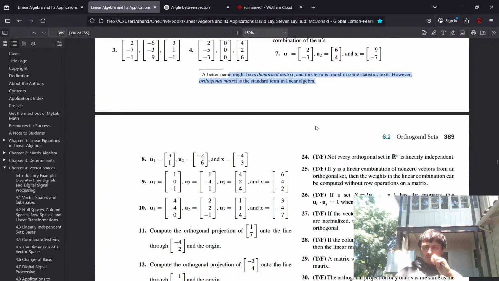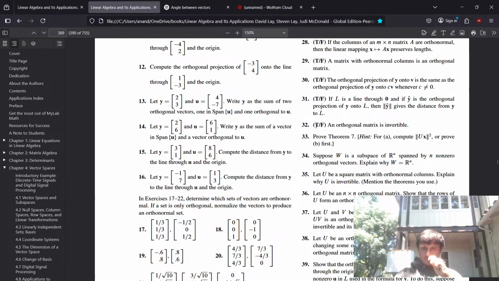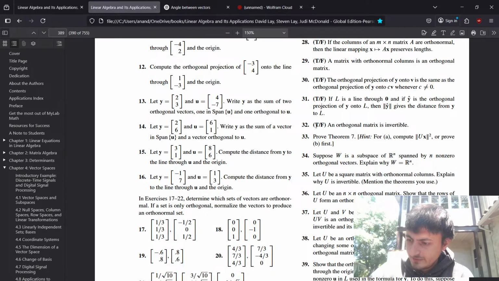So what do we need to prove? Okay, prove if U is square with orthonormal columns, then U is invertible.